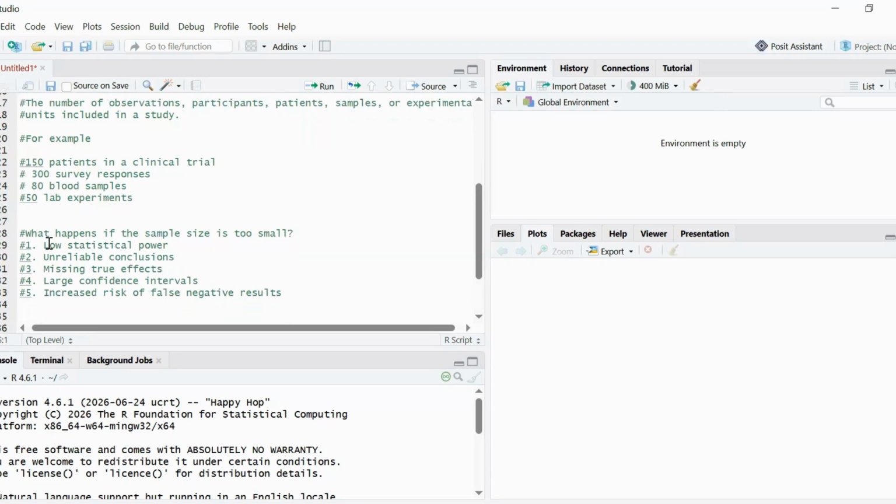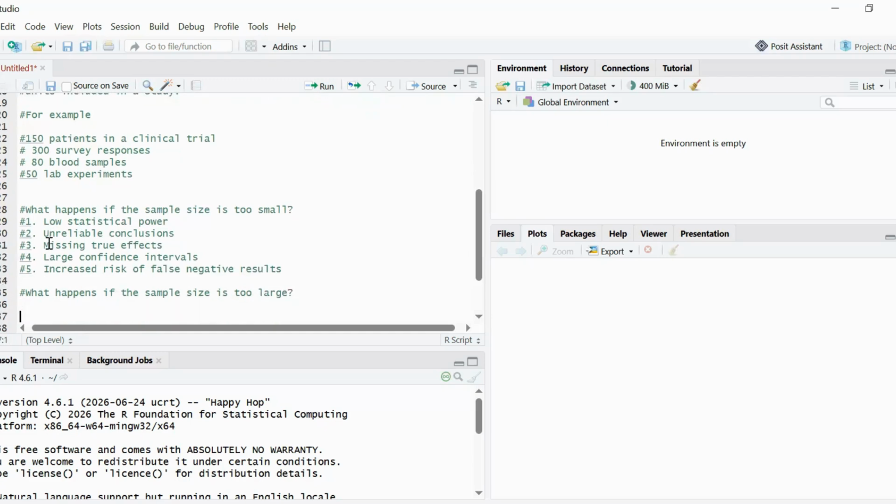So the next question is, what happens if the sample size is too large? A very large sample size can also be problematic.